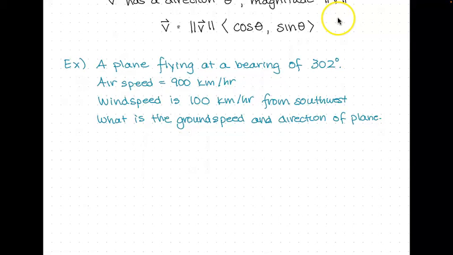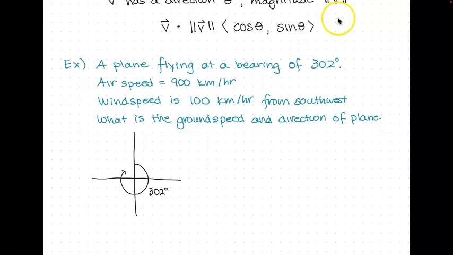Actually, I don't need a coordinate. So when it talks about, actually maybe I will. When it talks about the plane flying at a bearing of 302 degrees, that means bearing is always measured like a compass. Don't worry, the diagram would be given. But on a compass, you start from the north direction going clockwise.